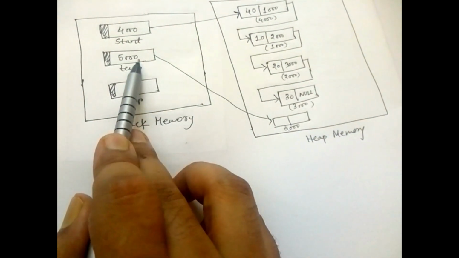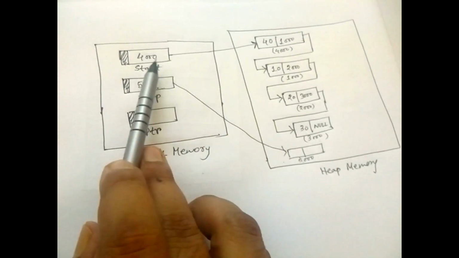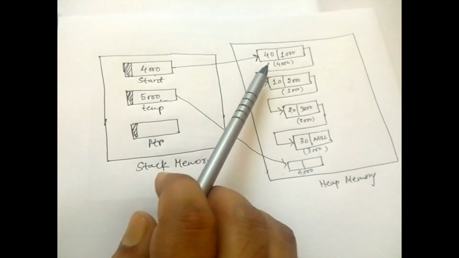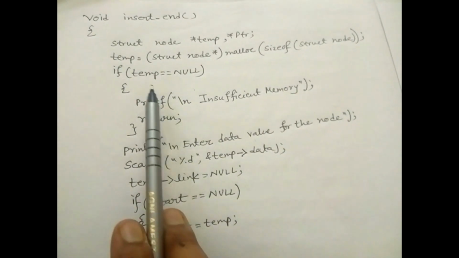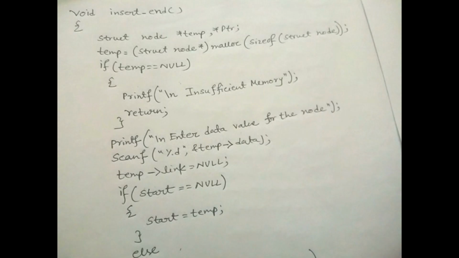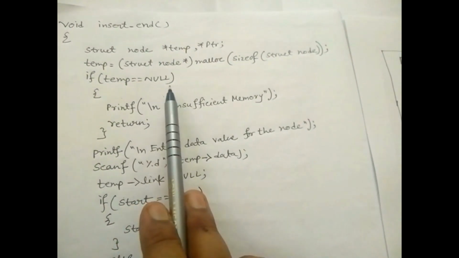So the value of temp is 5000. Now temp points to this node and start points to the first node of the list. Now check the condition whether temp is null or not. The value of temp is 5000, so this condition is not satisfied.